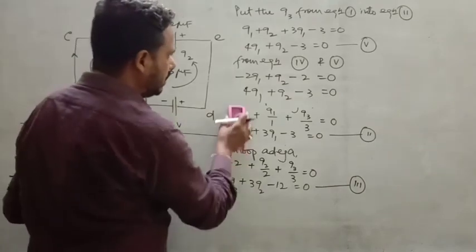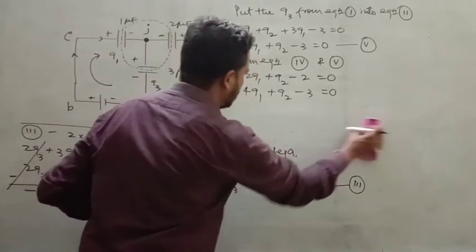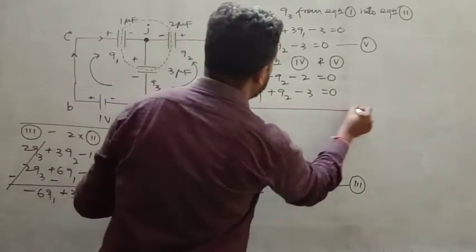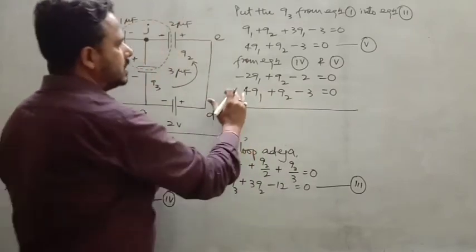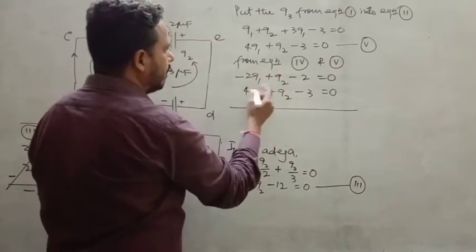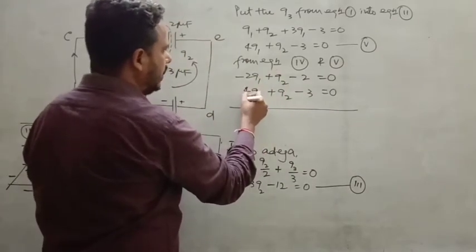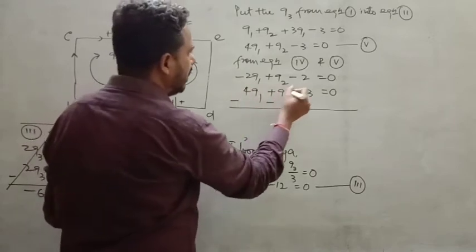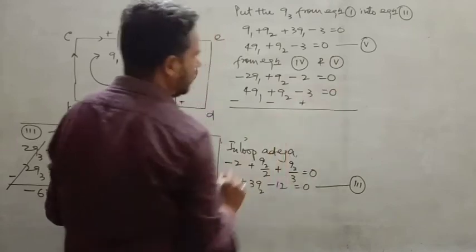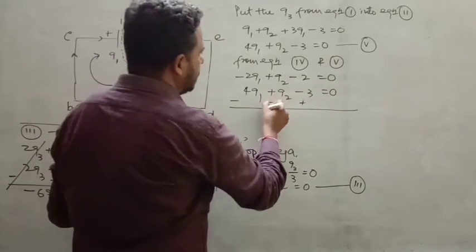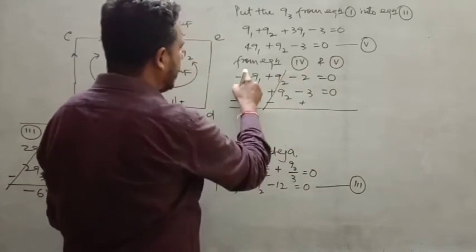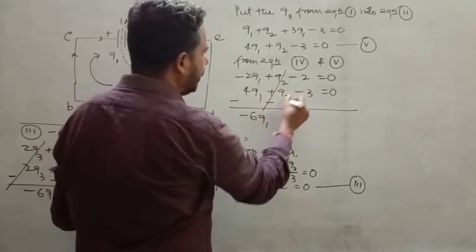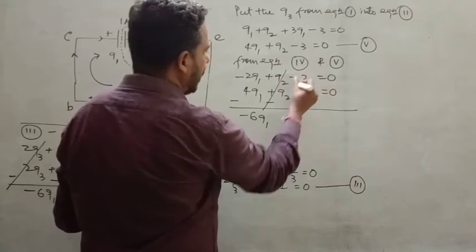After simplification, you simply subtract this equation from here. Just change the sign: positive will be negative, negative will be positive. From here this factor will be cancelled. So minus 6 q1 be there.